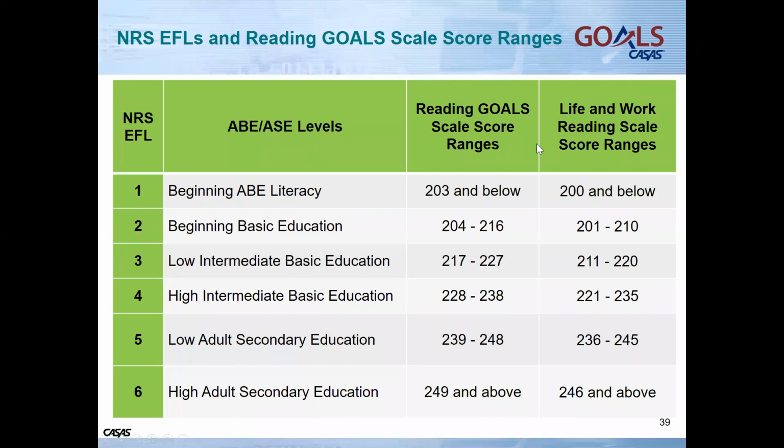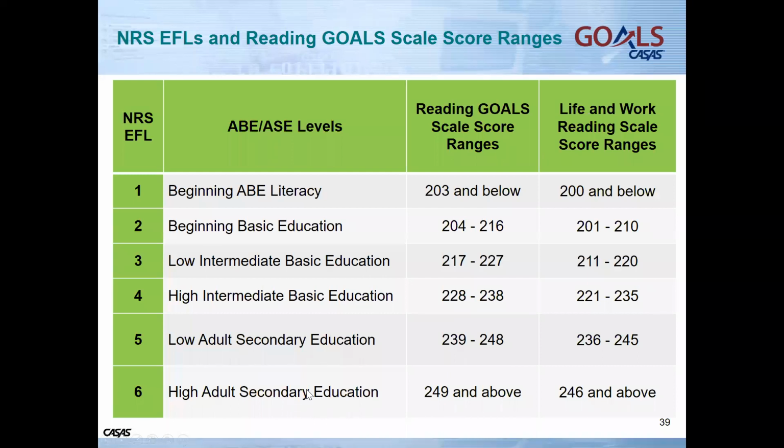So what this slide shows is a comparison between the Life and Work reading scale score ranges, that is the old ones, and the new reading goals score ranges for ABE. And as you can see, these are the same levels as before. That hasn't changed for reading, but the score ranges have changed.